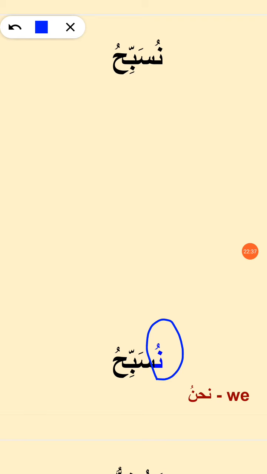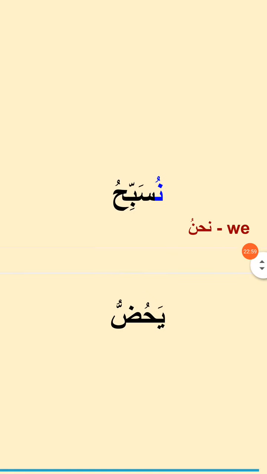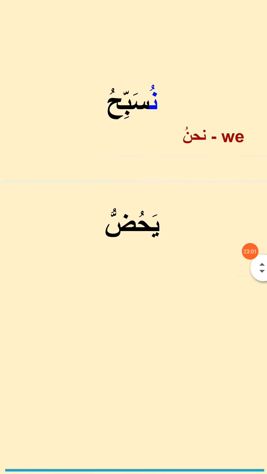It would be yusabbihu. So practice making these derivatives, these different patterns. Usabbihu, I. Then nusabbihu, similarly tusabbihina. What would that be? That would be for anti. So practice these.